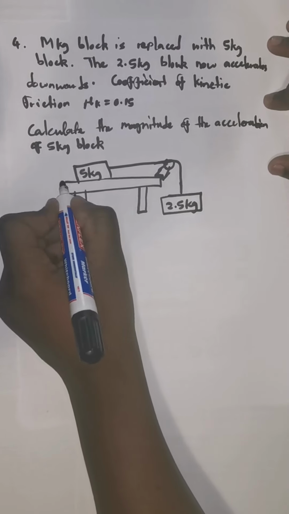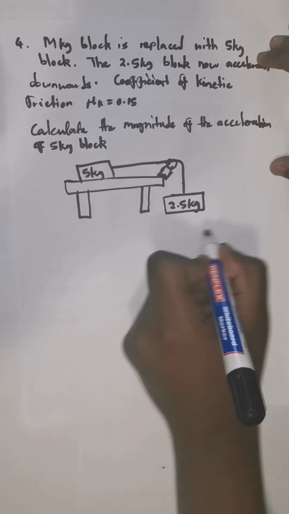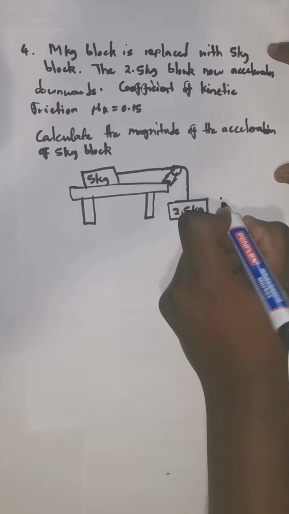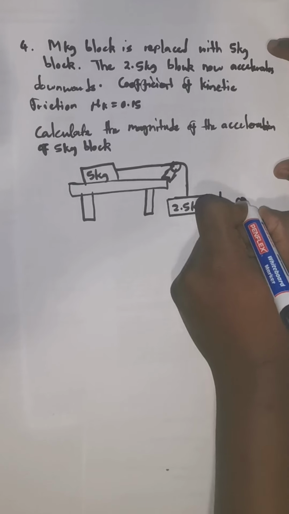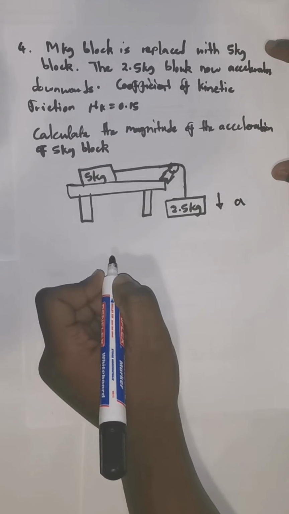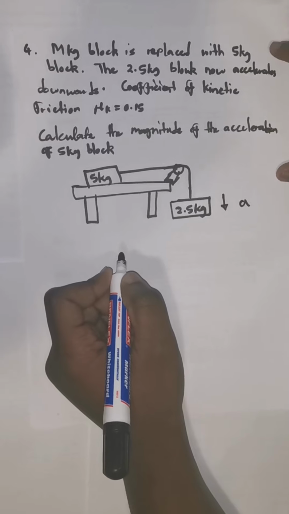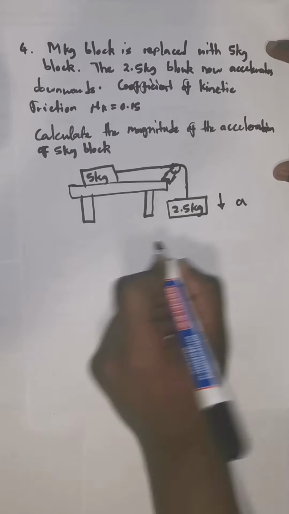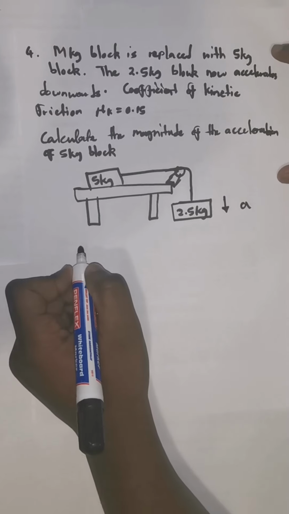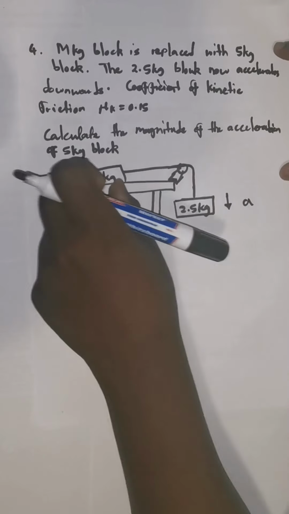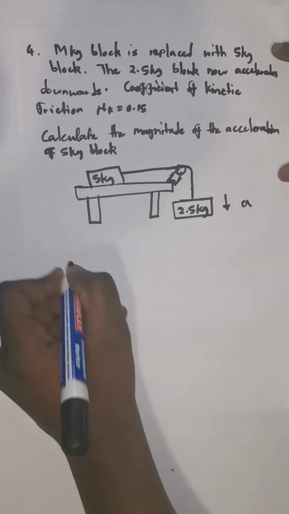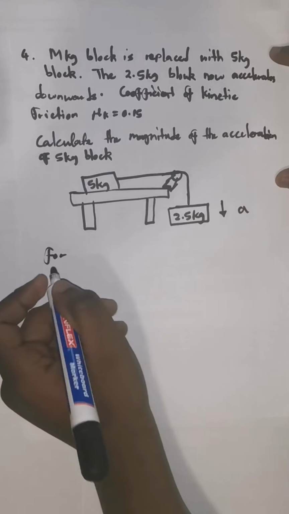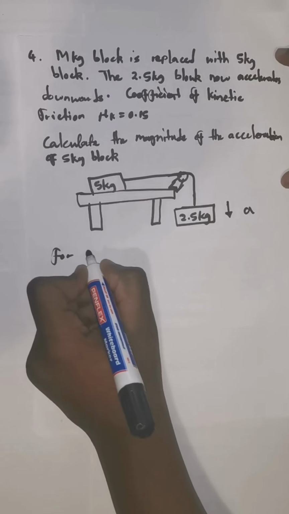Okay, so from the statement, the 2.5 kg block accelerates downwards, right? So to analyze this question, we actually need to look at the blocks individually. So let's start with that block right there.